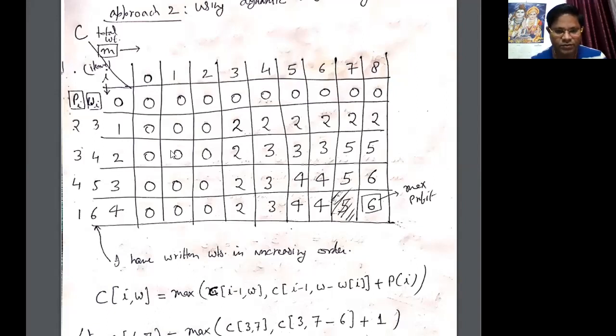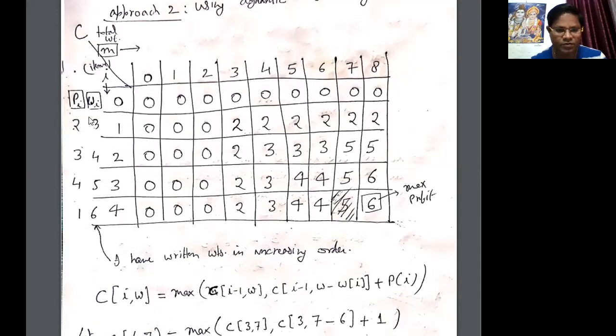Till we reach the weight capacity 3, since we are including weight 3 and weight 4 both in the second row, the profit associated with that weight is already filled in the previous upper row. So you just copy this value to this place. I have just copied this value, that is 2.